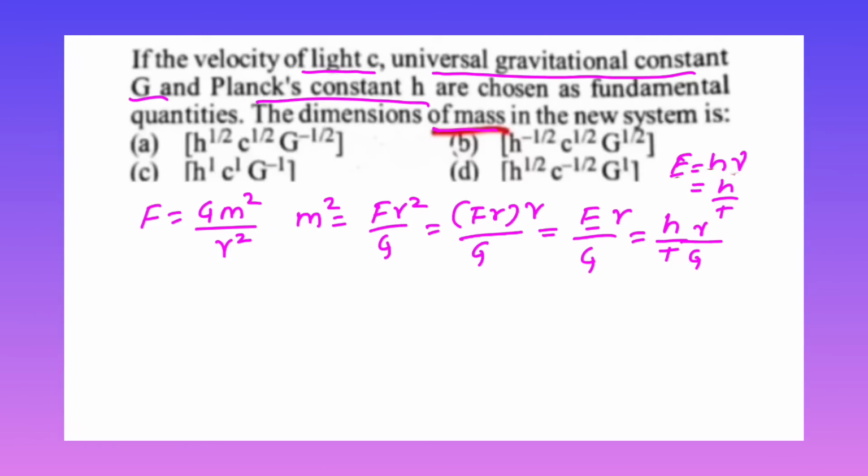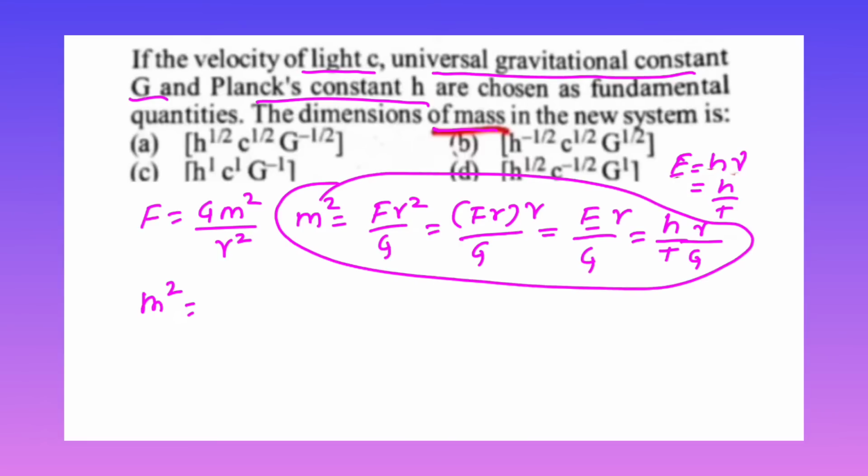So what can you write for this? m square can be written as h into r by t. This is r by t, that means distance by time, which is velocity, and can be taken as c here.